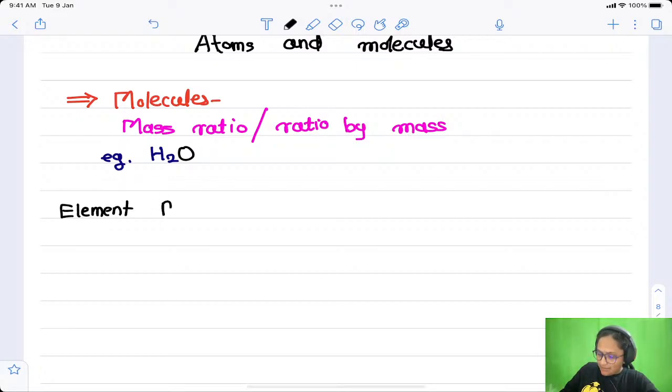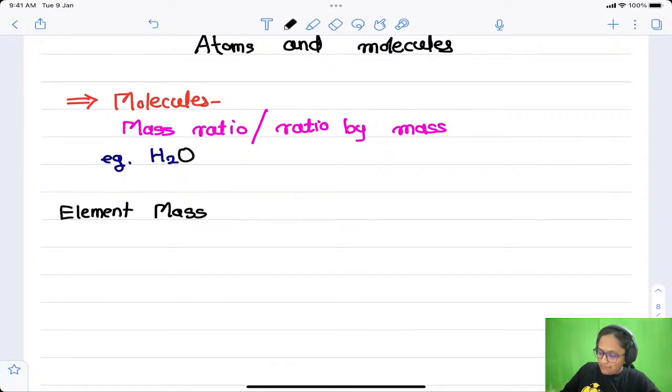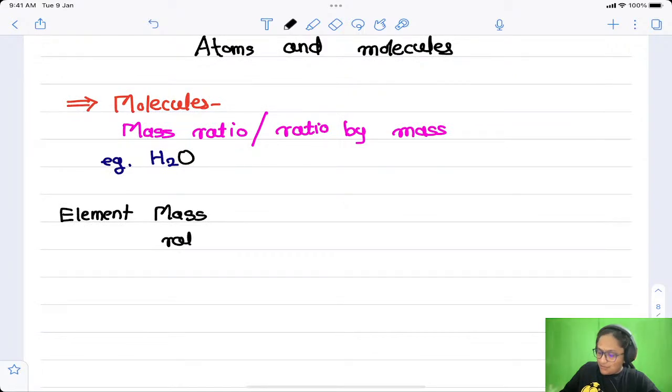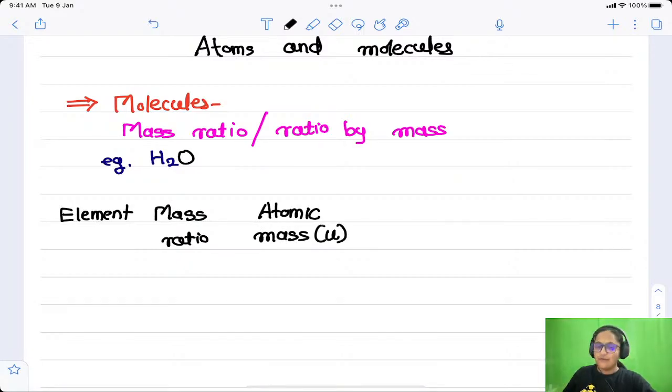Then first, ratio by mass, which is also called mass ratio. Ratio by mass or mass ratio, both are the same. Then next is atomic mass, which is expressed in terms of U, which stands for atomic mass units. That's the unit for atomic mass.